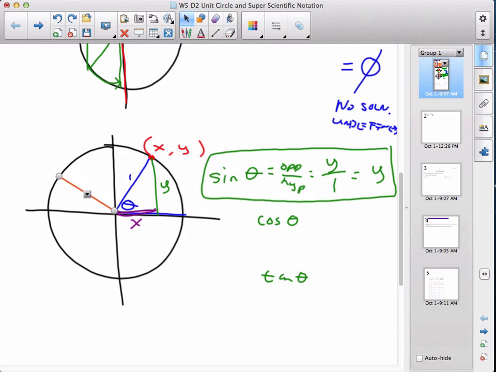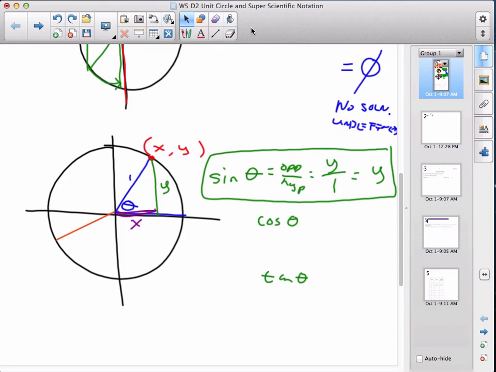As this moves around, whatever the y coordinate is at this point is the sine of the angle. So even if this is our angle right here, this y coordinate is the sine of theta. Let's call it theta 2.